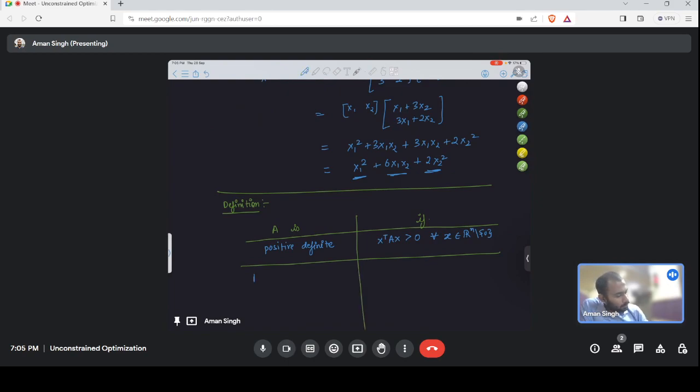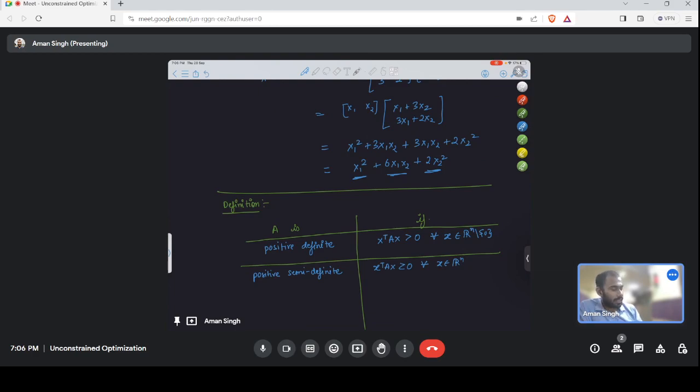We call it positive semi-definite if x transpose A x is greater than or equal to 0 for all x belonging to R^n. At 0 it is anyway 0, but it can be 0 at some other vectors also, but it should not be negative.